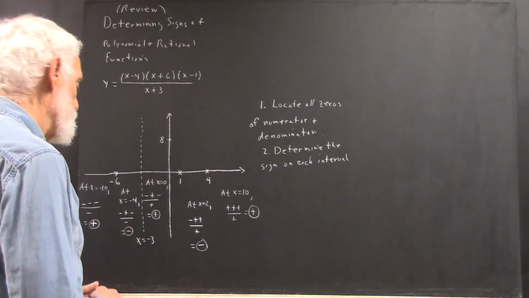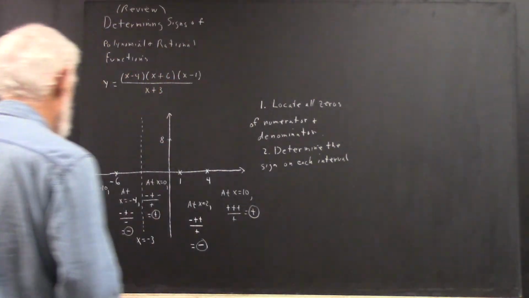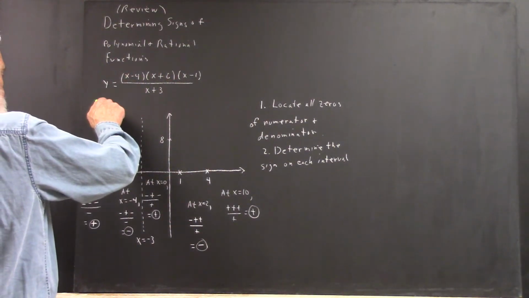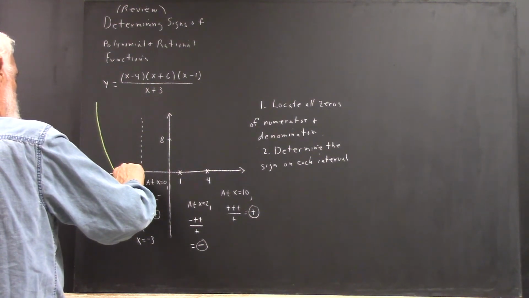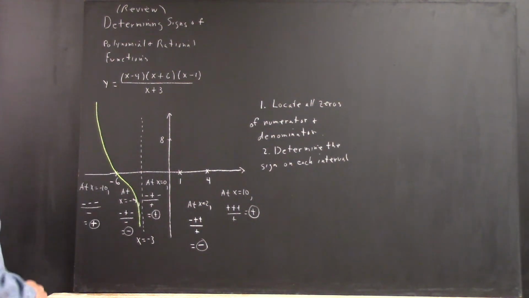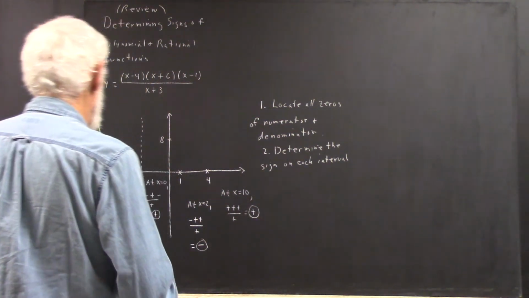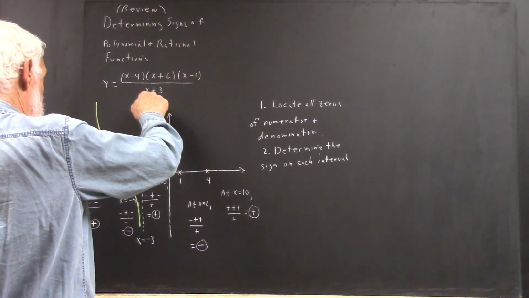Now, if you want to sketch the graph, just as a little icing on the cake, we'll sketch a graph here. It's going to come down from large positive numbers. It's going to level off maybe a little bit here, and then it's going to approach a negative asymptote. And then it's going to be positive here, so the asymptote's going to have to come down from here.